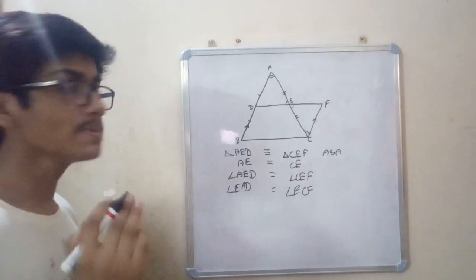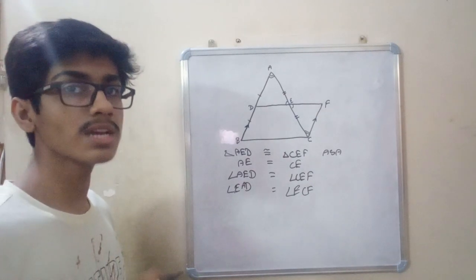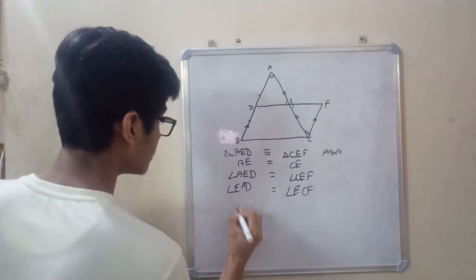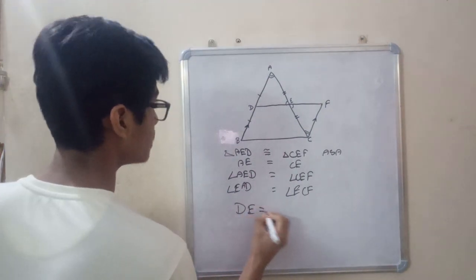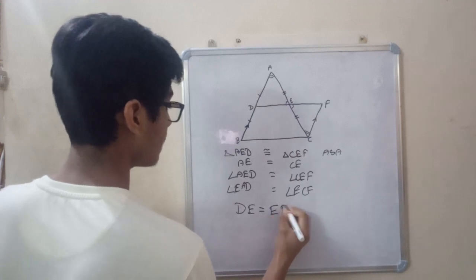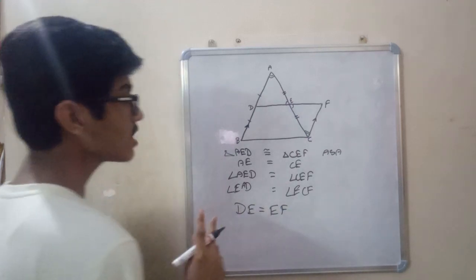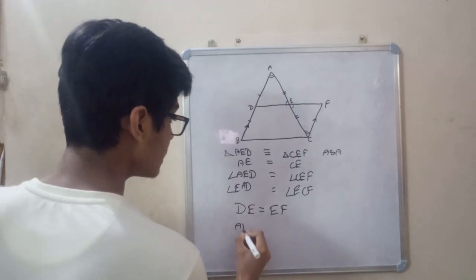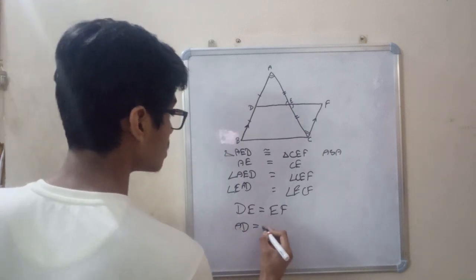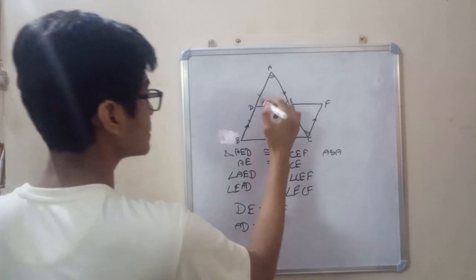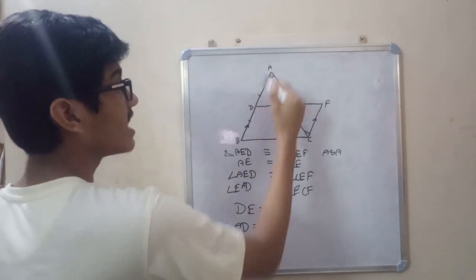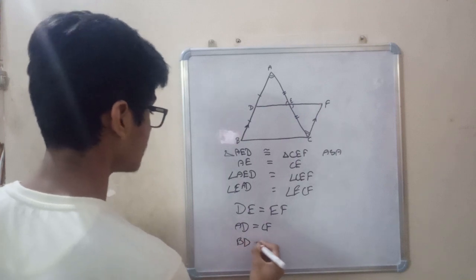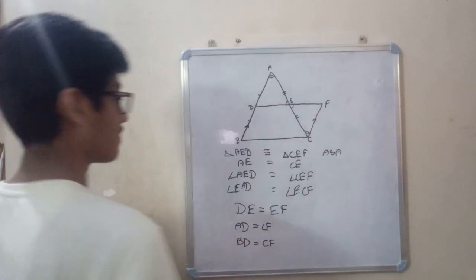That means by CPCTC, corresponding parts of congruent triangles are equal, we come to the conclusion that DE is equal to EF. First conclusion. Second conclusion, AD is equal to CF, and as D is the midpoint of AB, AD and BD are equal, so BD is equal to CF.